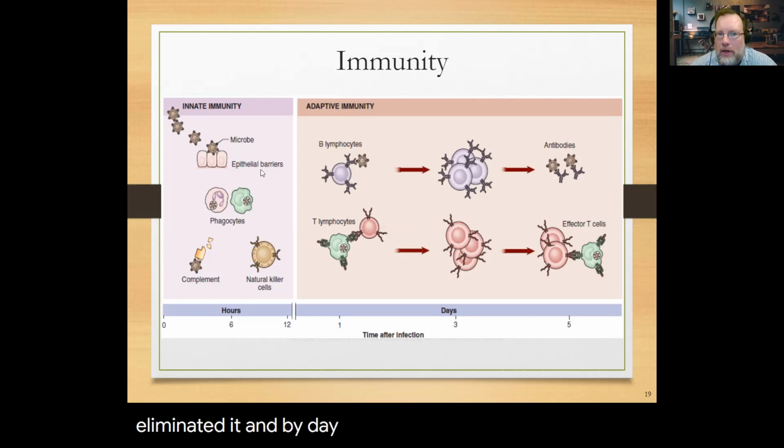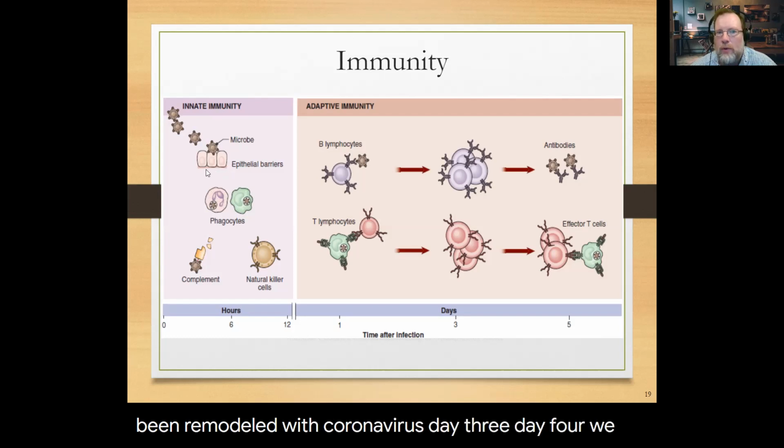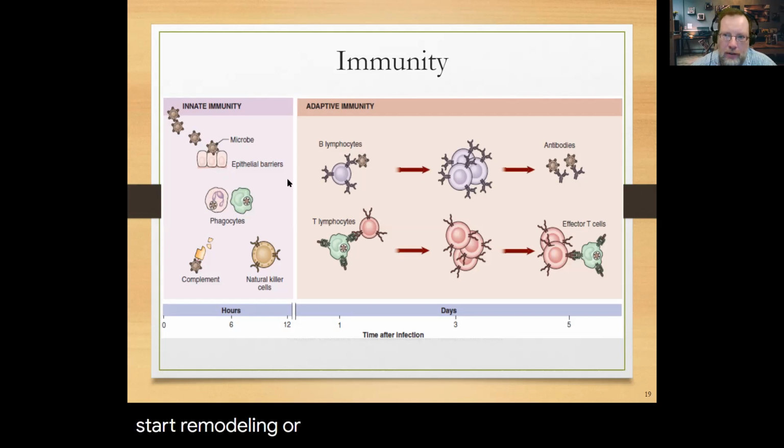And by day 3 or 4, our target cells have been remodeled. With coronavirus, on day 3, day 4, we start remodeling our epithelial barriers, and we're adding more target cells, but the virus is still there. It hasn't been eliminated yet by the adaptive immune system.